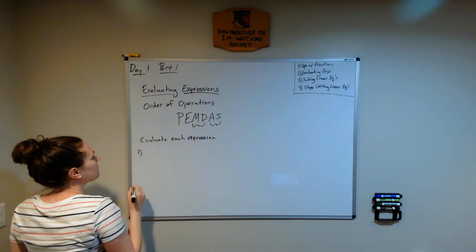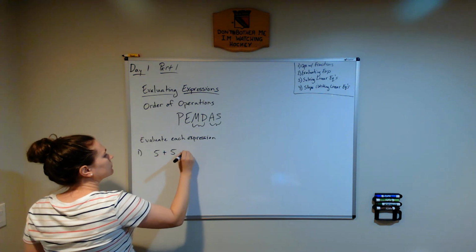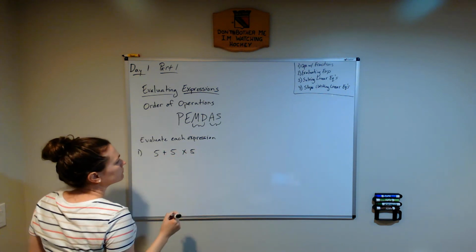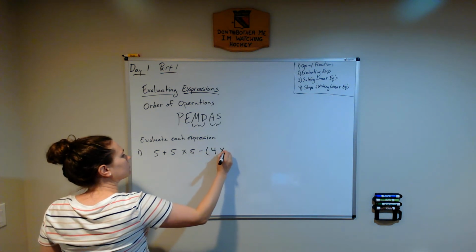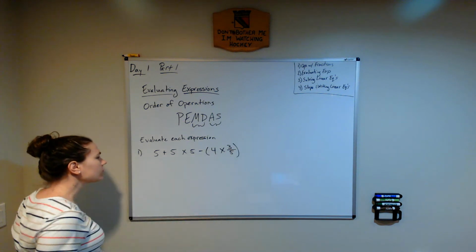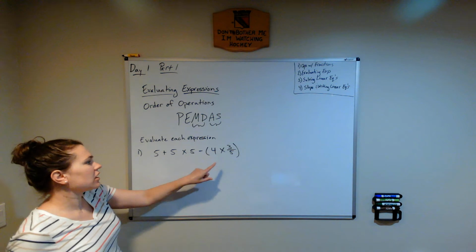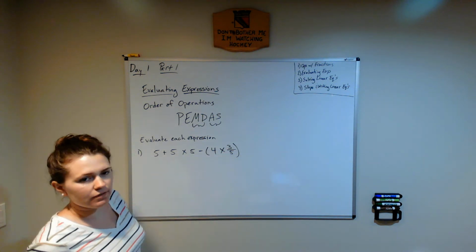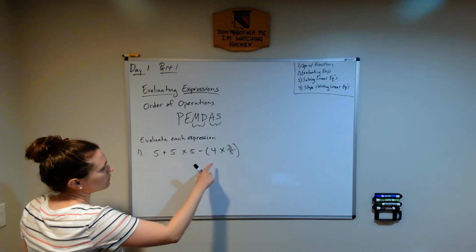So number 1, let's do 5 plus 5 times, in parentheses, 5 minus 4 times 3/5. So first thing we're going to want to do here is work inside our parentheses.